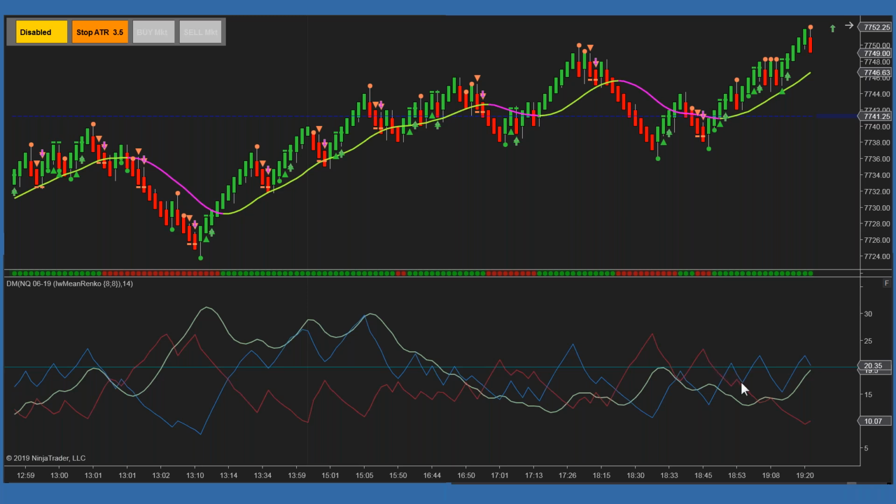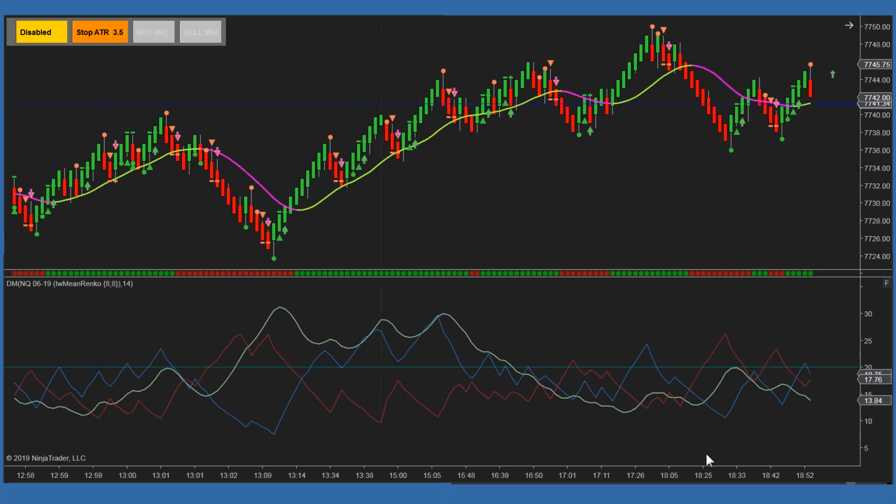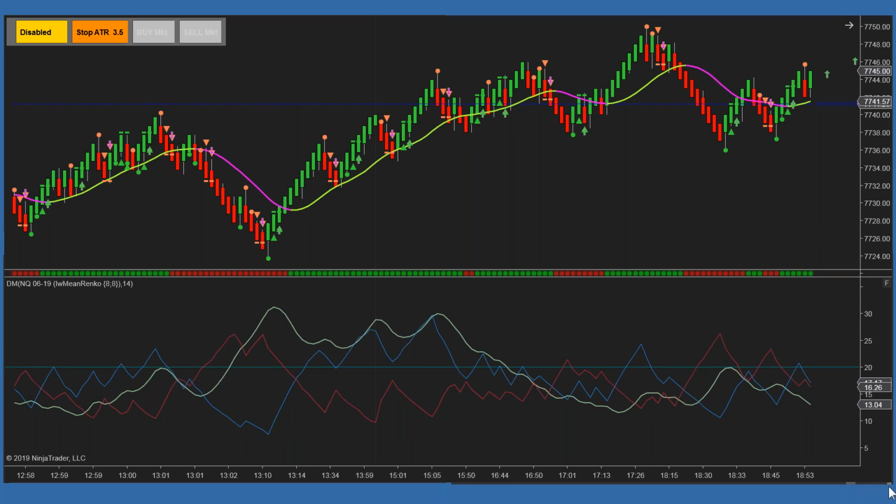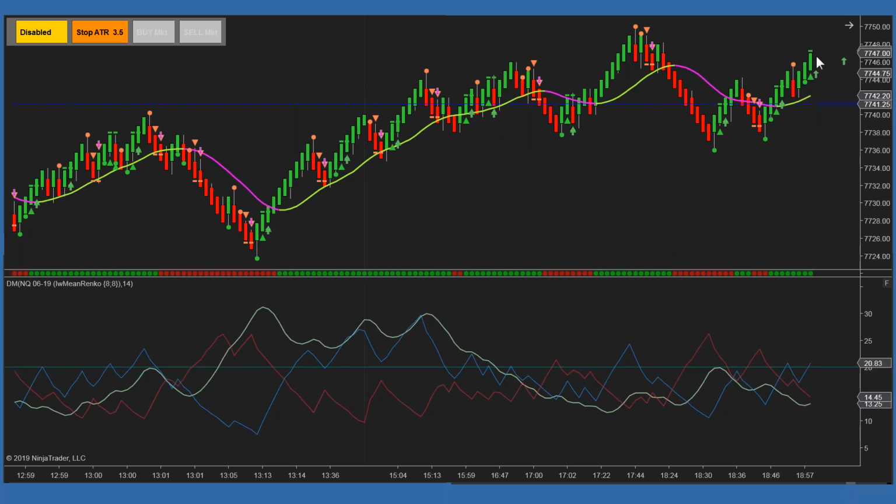But look at what happened. We had the pullback, but the sellers weren't able to cross. So we had that other indication, if you will. It's kind of the cross and hold. So it crosses, it pulls back. The buyers hold on to control. And here now is the buy signal.